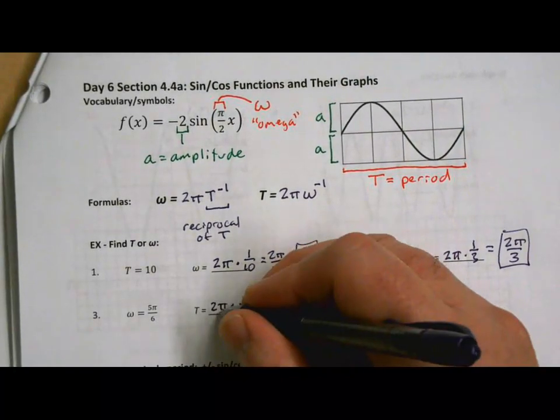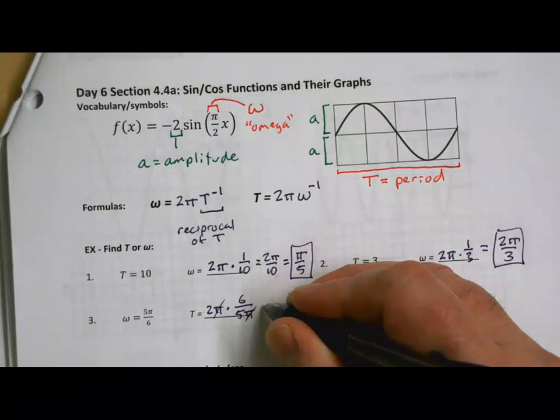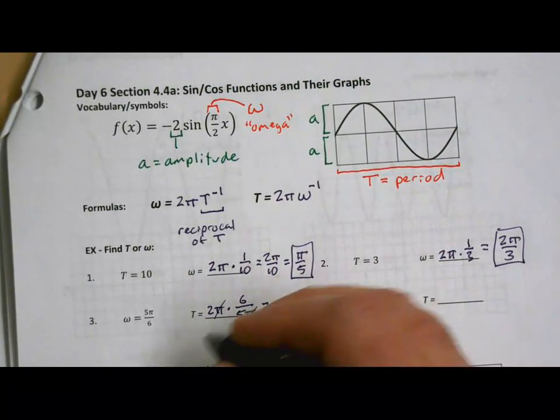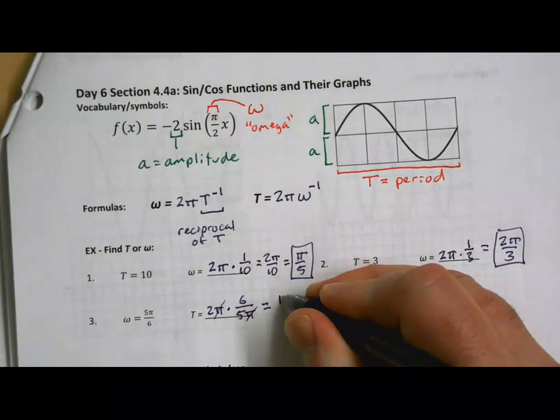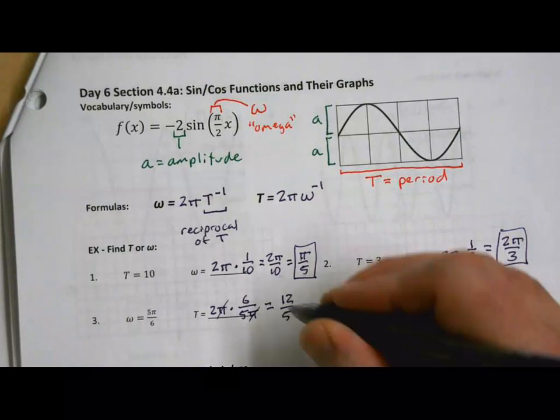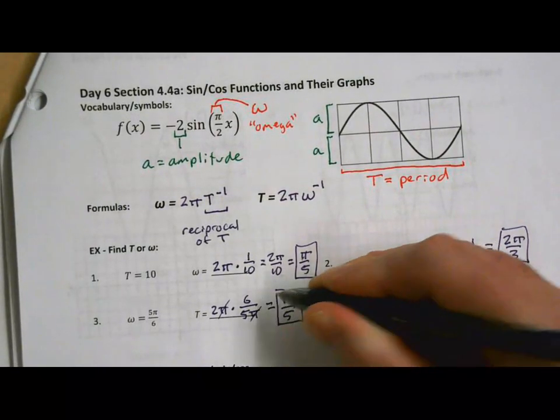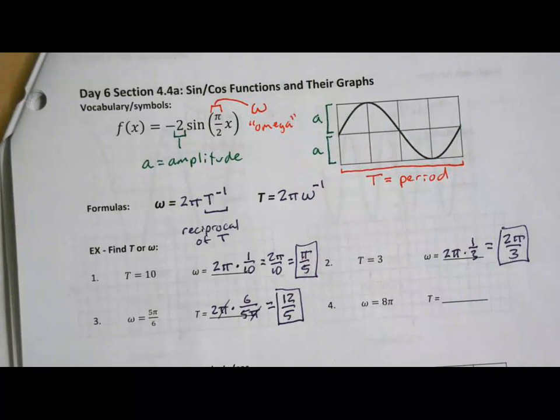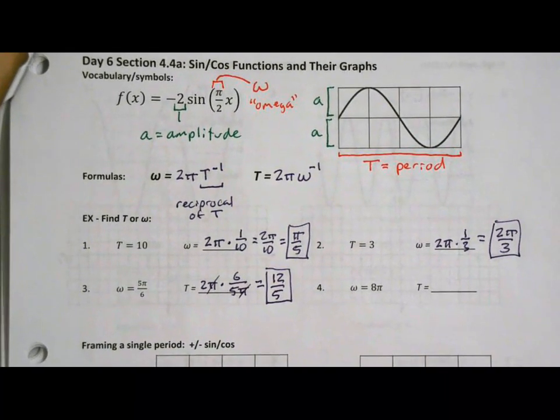And this is kind of nice because the pi's cancel each other out. 2 times 6 over 5, that would be 12 over 5. You give it a shot with the next one.